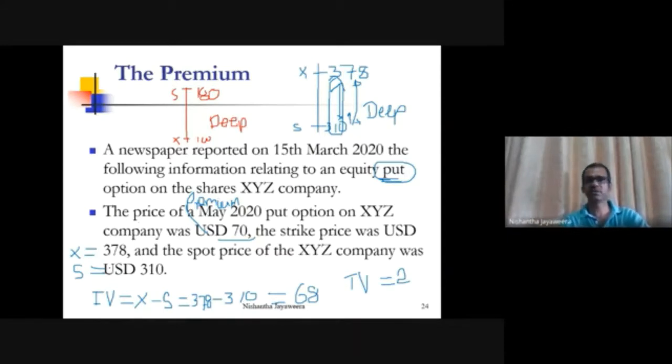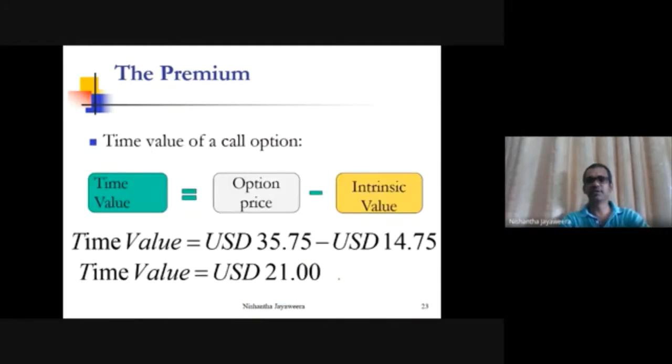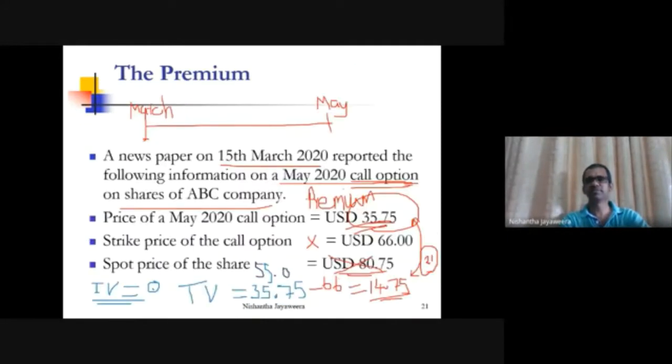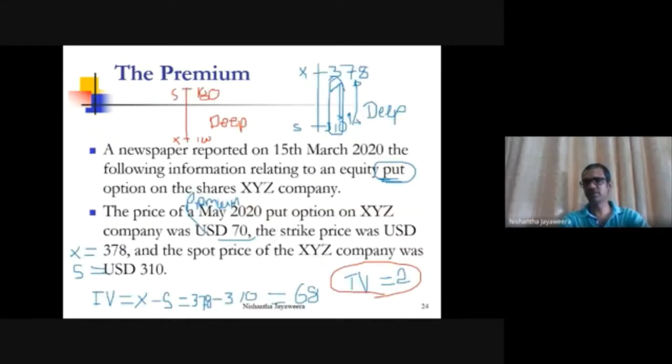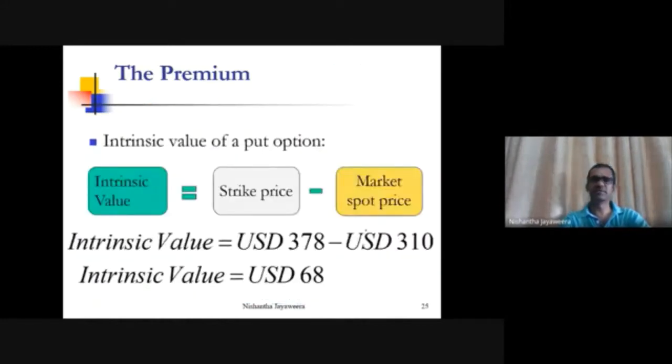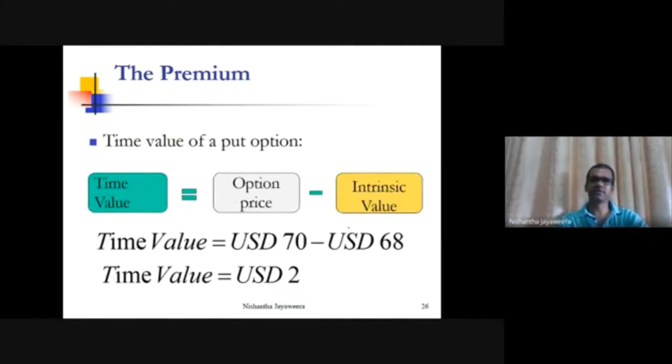That's why here you can see time value is very small, but in the previous case, for the same maturity, time value is high. That's only one component, but it depends on the volatility of the prices of the underlying asset as well. Market nature will have an impact on the option pricing.